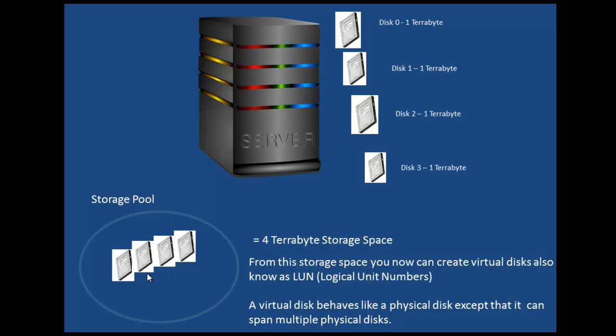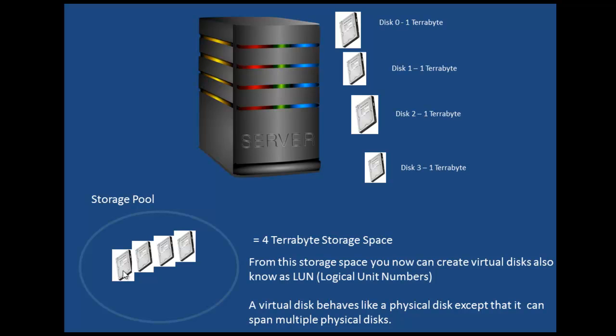So maybe I wanted, let's say, 1500 gigabytes. I already have one here, 1 terabyte, which is 1000. And what I could do when I'm creating the virtual disk is take up the 1 terabyte from here and then go to the other disk and take 500 gig, which would give me 1500 gig.